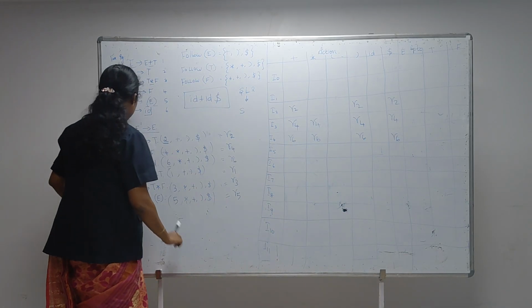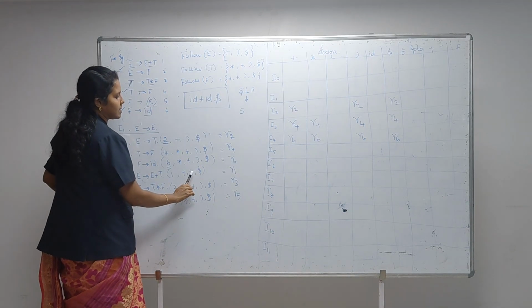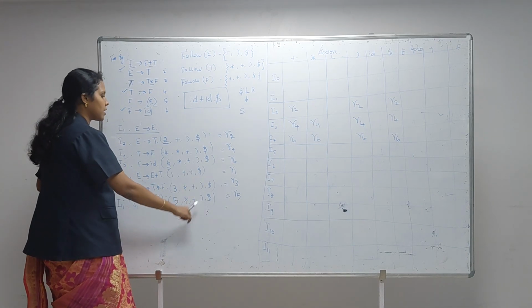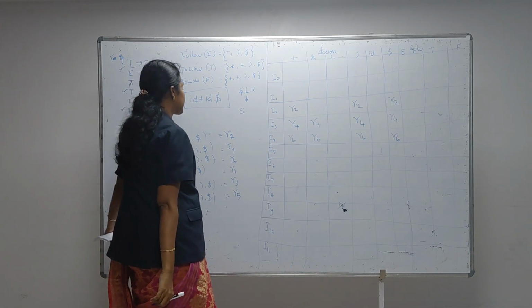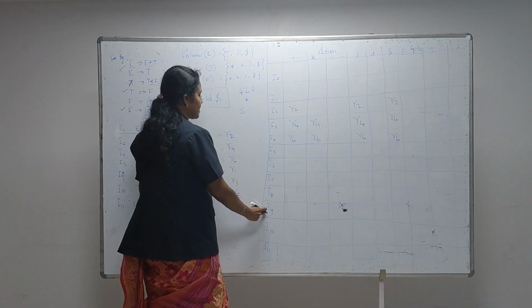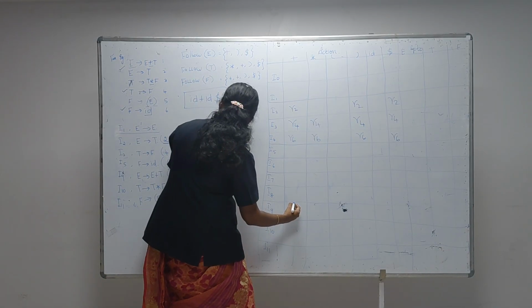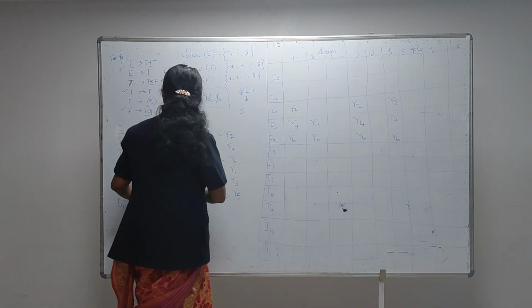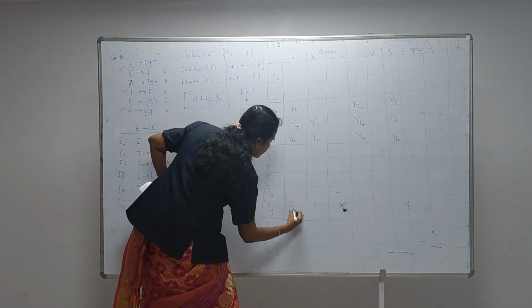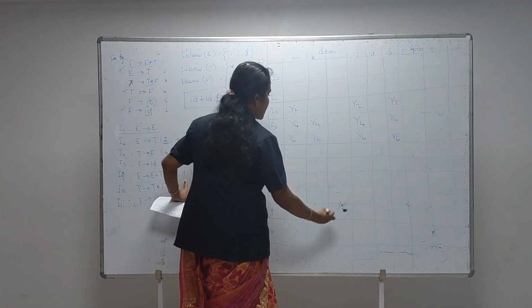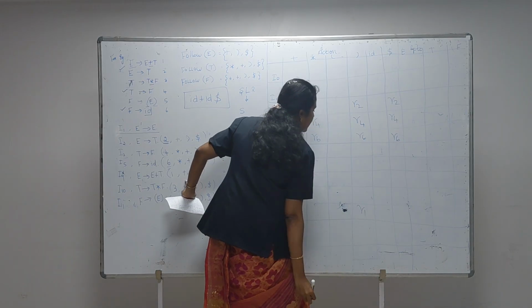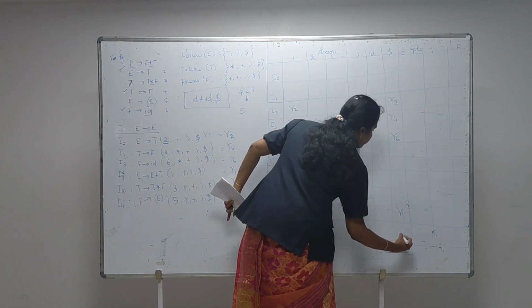And the next state is 9. So 9 comma plus, 9 comma close parenthesis and 9 comma dollar is R1. So we have to fill in the SLR parsing table for state 9. 9 comma plus is R1, 9 comma close parenthesis is R1, and the last one is 9 comma dollar is R1.